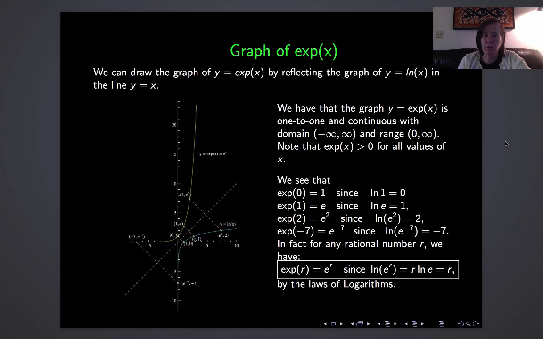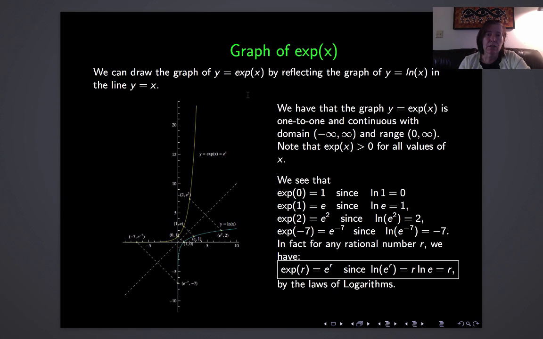Now we can also draw the graph of this new inverse function of the natural logarithm because we're familiar with the graph of the natural log of x. So here I've shown the graph of the natural log of x in blue, and of course the graph of its inverse is this graph reflected in the diagonal of the plane y equals x.